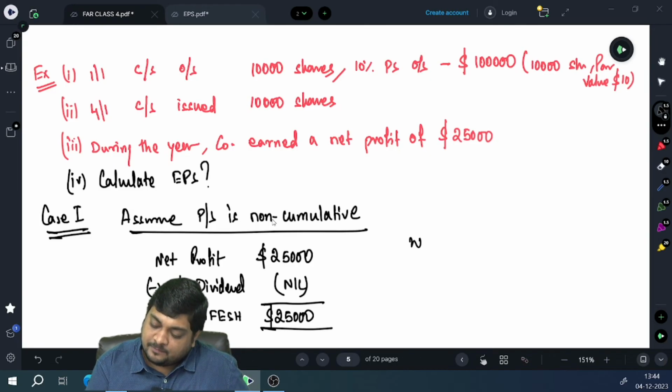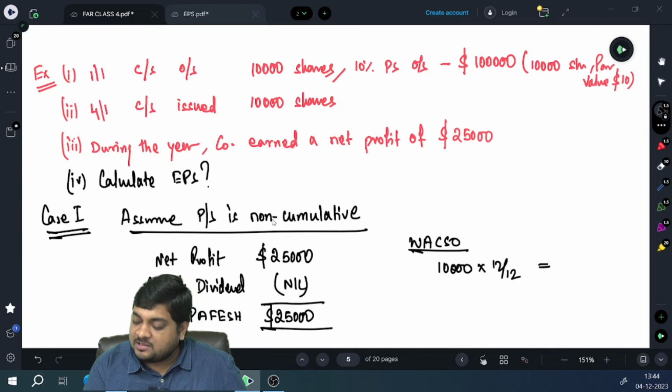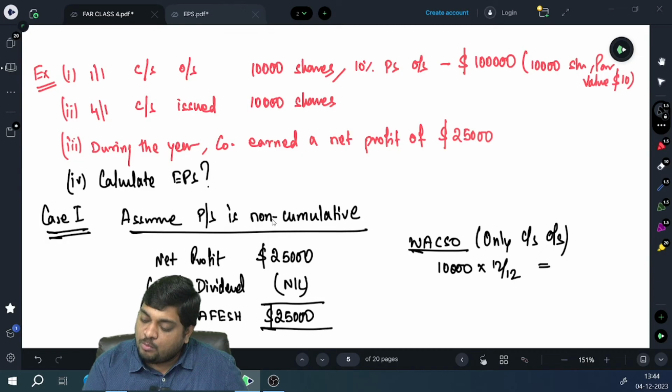Right? Weighted average common stock outstanding: 10,000 is for 12 months. Only common stock outstanding, no preferred.